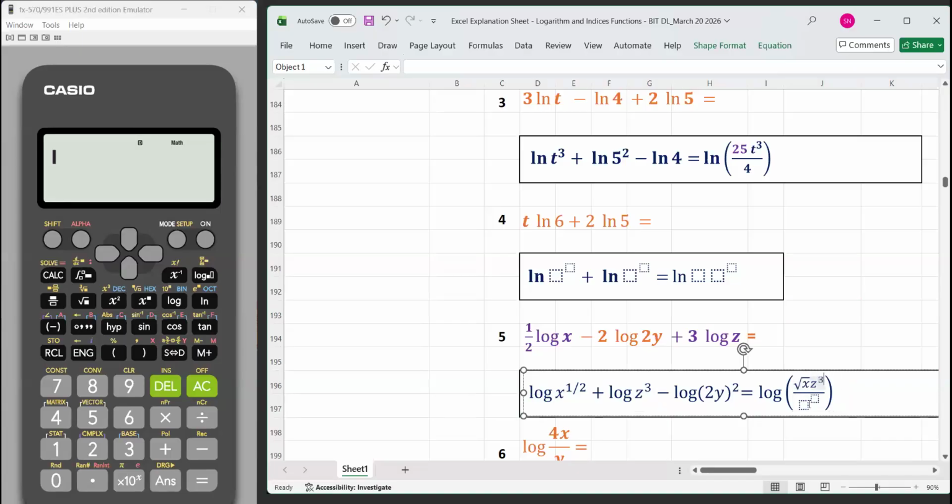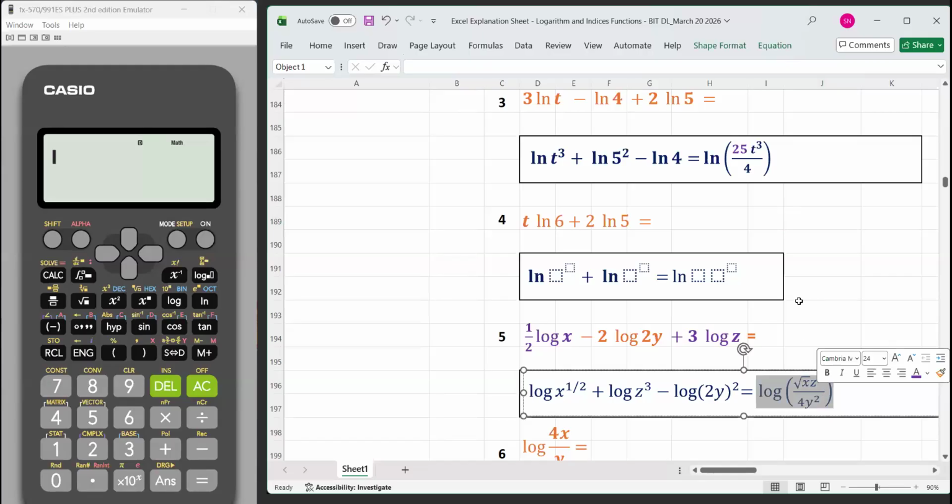Great. Now all divided by what? What is 2 squared? 4. That should give you 4. And then you have y raised to the power 2. So this is what our final answer will look like.